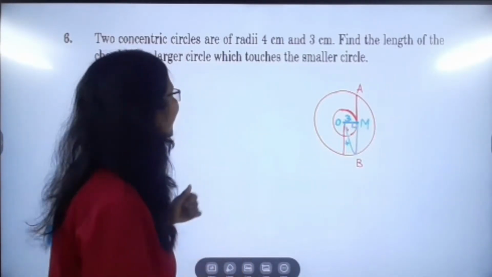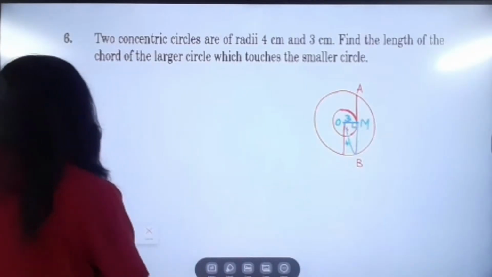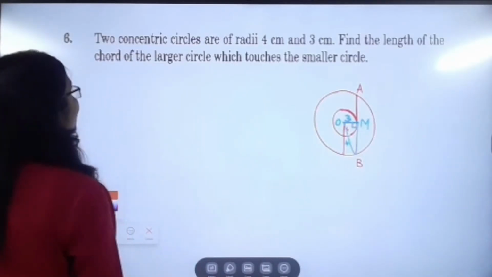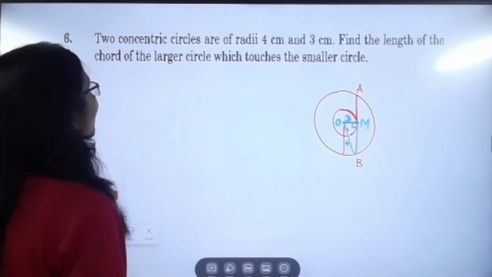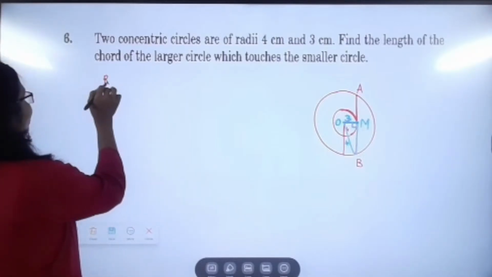Let us see how we can calculate. First write down the information.